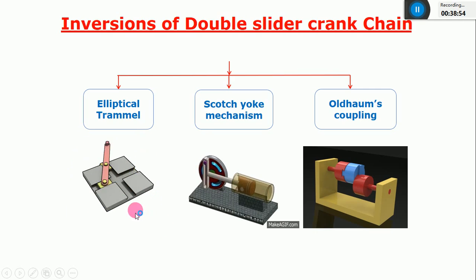Now you have CNC machines, you can do G coding and M coding and move the cutting tool as per your requirement. But in the olden days, to get elliptical machining, we used this elliptical trammel. That is the application. I hope this is clear.